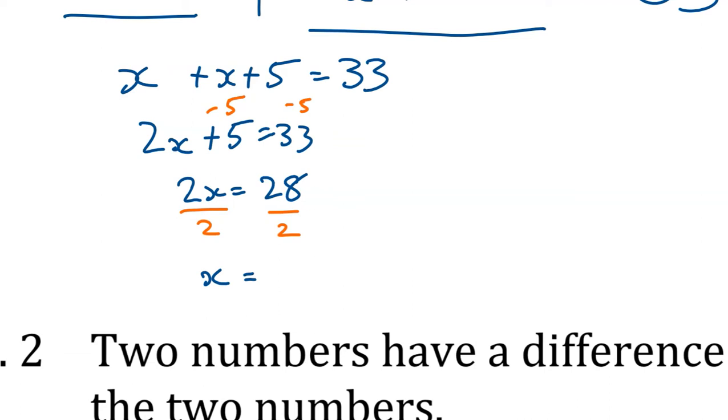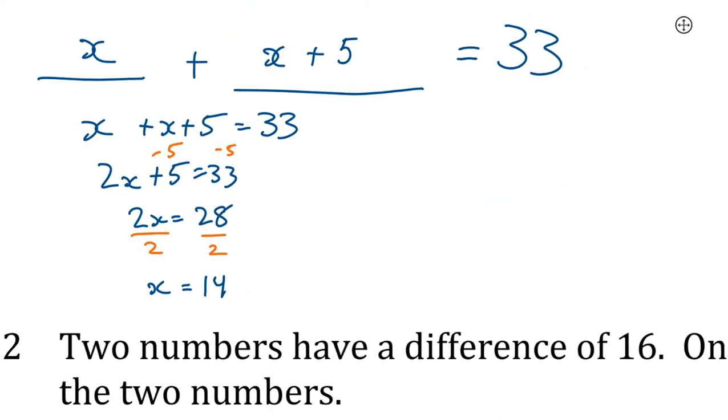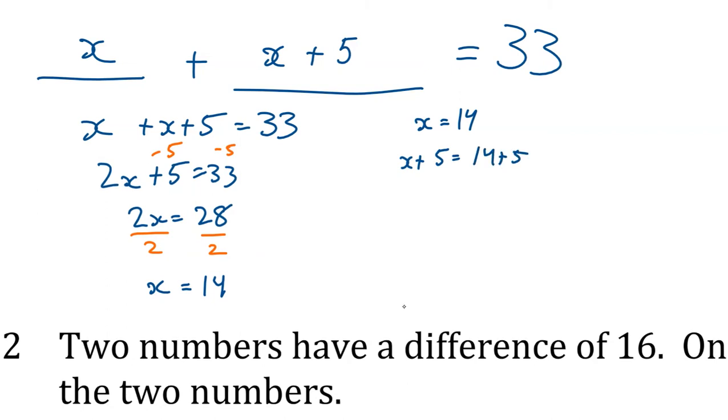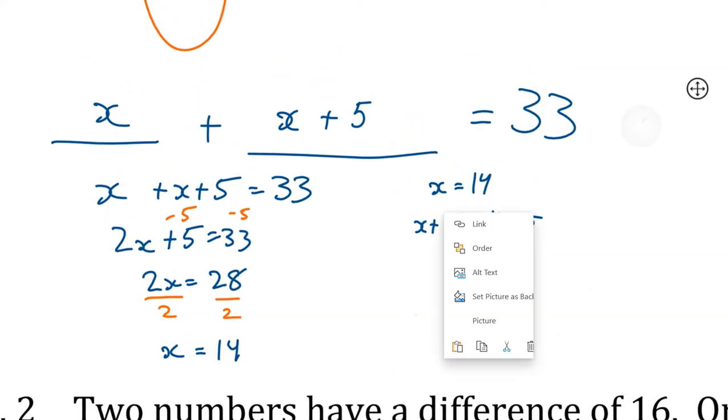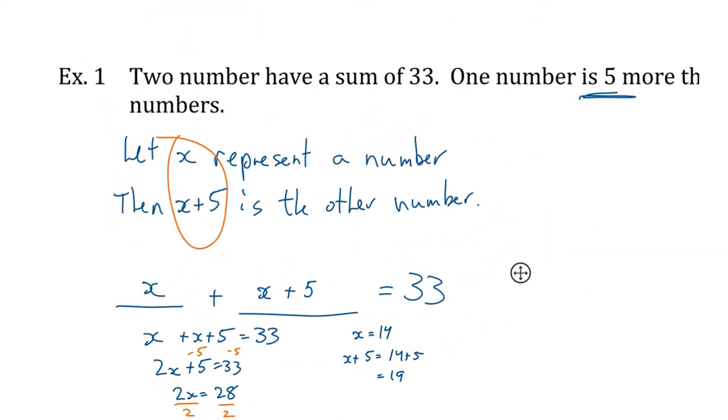28 divided by 2 is 14. So if x is 14, x plus 5 is 14 plus 5, which is 19. What do you think about 14 and 19? Go back to the original question.